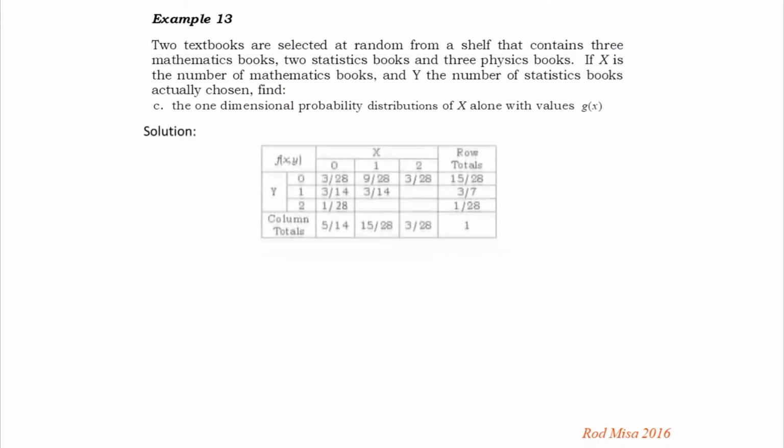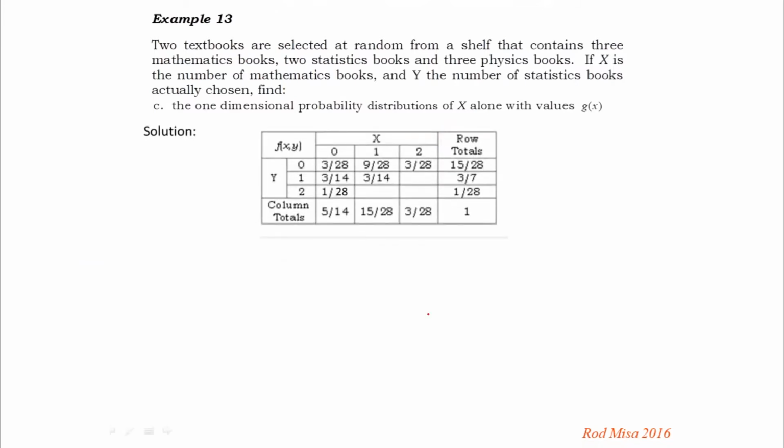Find the one-dimensional probability distributions of x alone with the values of g of x. So, solving for the one-dimensional probability distribution of x, we need to add across all y's. So, we have g of 0, which is equal to the probability of 0, y, wherein our x is always 0, adding across all y's.